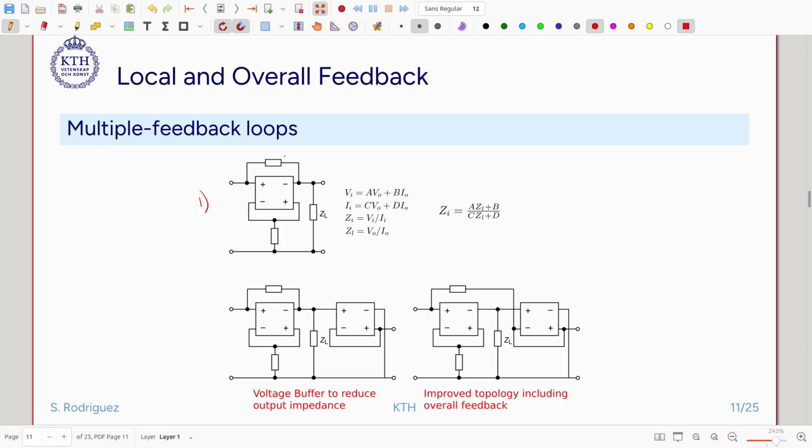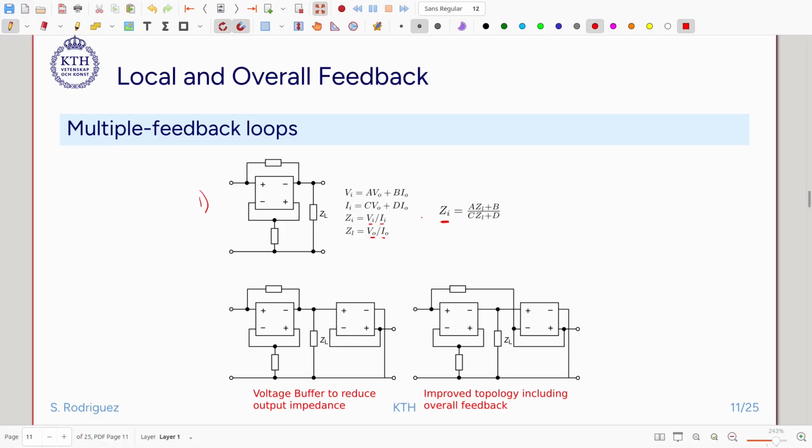One interesting thing is that if I fix these two parameters, I can generate a particular input impedance. The input impedance is the input voltage divided by the input current, and the output load is equal to V out divided by I out.